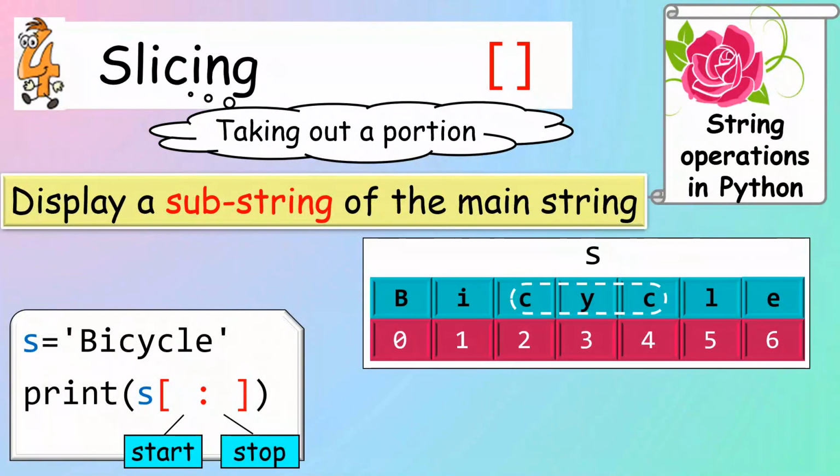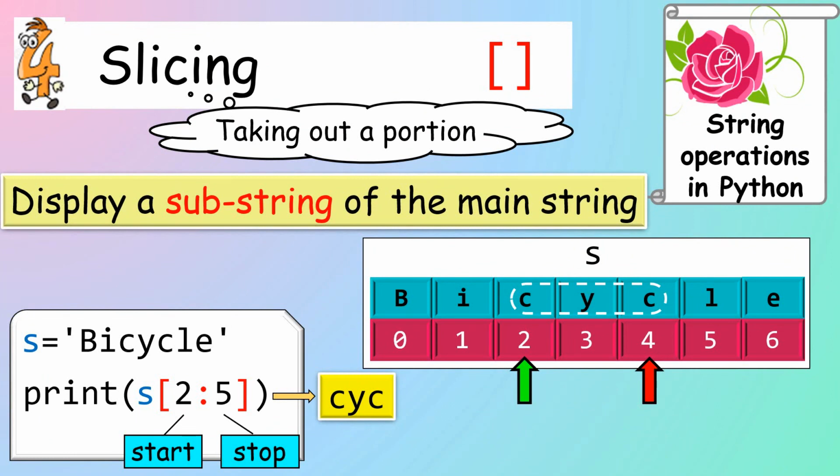Now look at your substring CYC. In that, the start index is 2. So here you put 2 in the place of the start index value, and the stop index is 4, so here you should put 5. So the output of this print will be CYC.